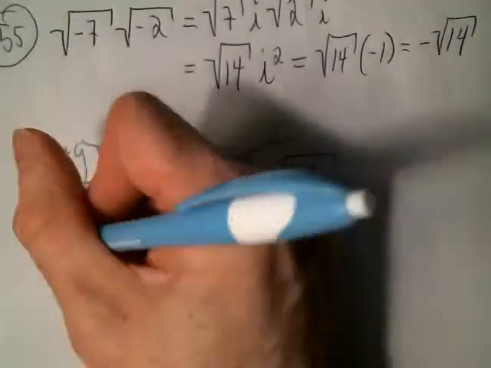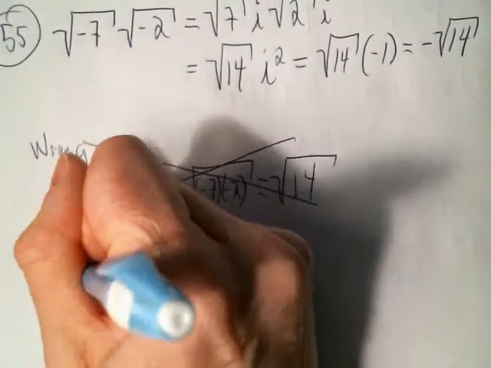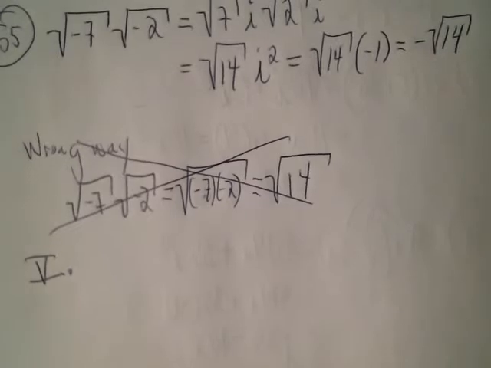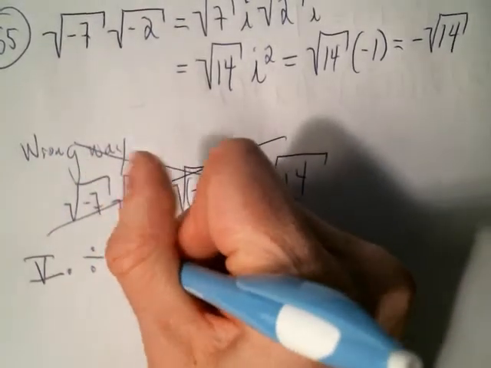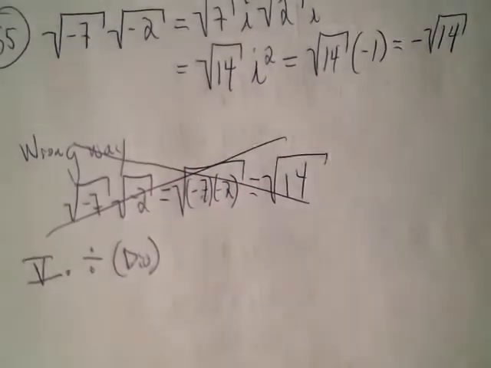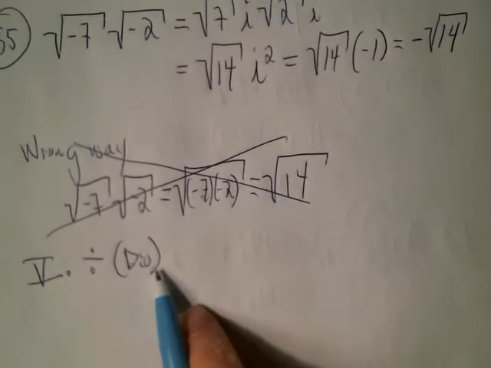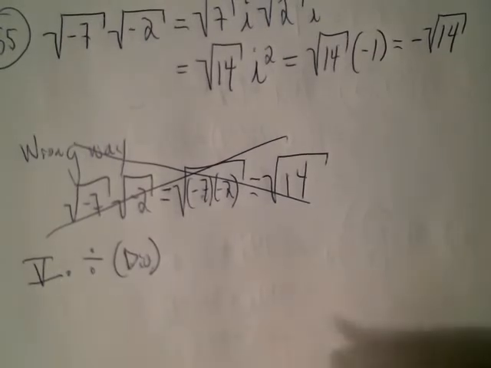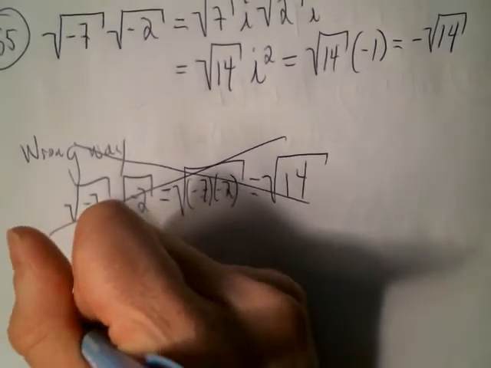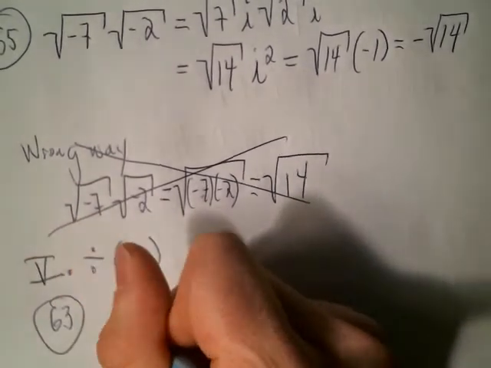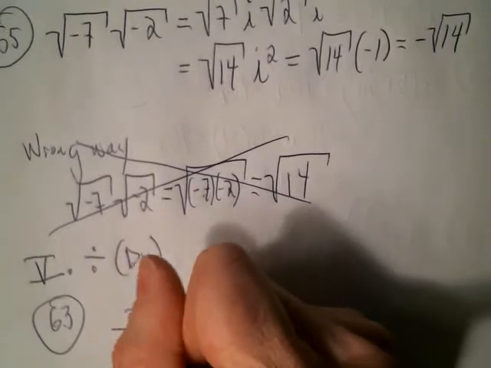Let's go back to multiplication and division of complex numbers, rather. So now we're looking at division. Okay, so we'll use conjugates to do this work. For example, 63, we have 2 all divided by 3 plus i.